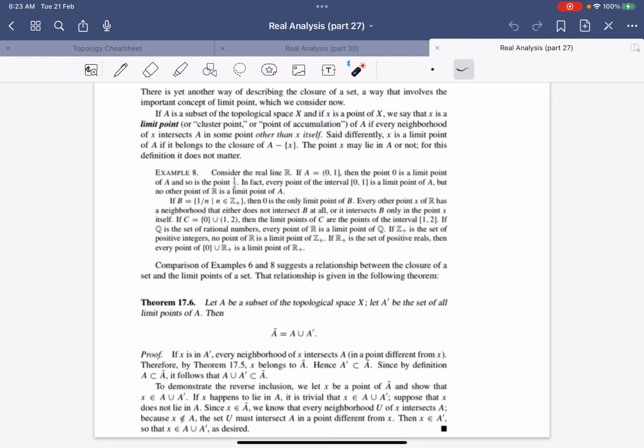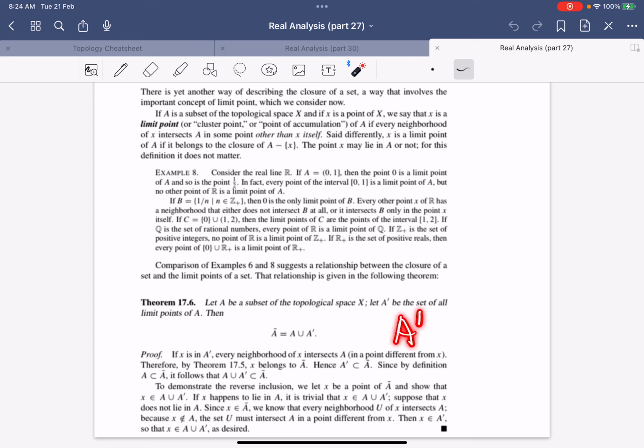So, if you take a moment to realize, you can see that the closure of the set A is actually equal to the set A, and you add all its limit points inside. The proof follows because if X is a limit point, then every neighborhood of X intersects A. Hence, it belongs to the closure by definition.